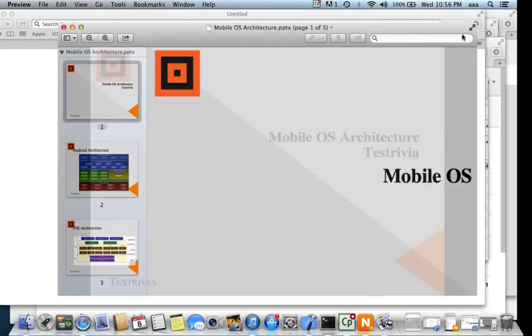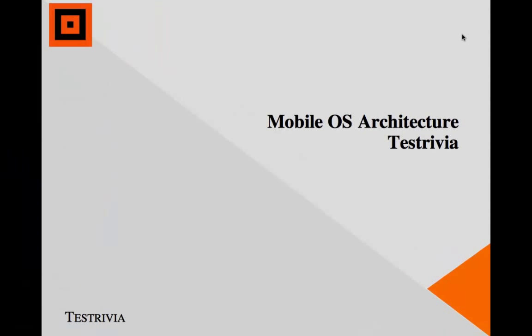So now we are going to take a look at the OS architecture, and there are three major platforms, Android, iOS and Windows Phone as of now, that I want you to concentrate on, because the market itself consolidated to these three major platforms.